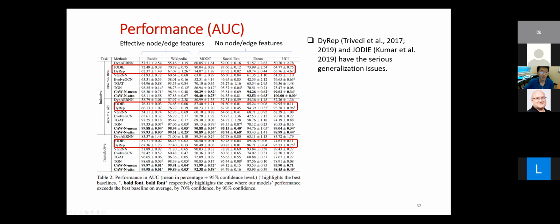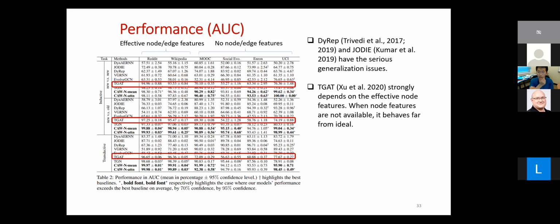There is a big gap between the inductive and transductive settings for DyRep and JODIE, which depend on node representation memorization. And if we use the TGAT model, just as we predicted, it has good generalization properties, so there's no big gap from the transductive to the inductive setting.